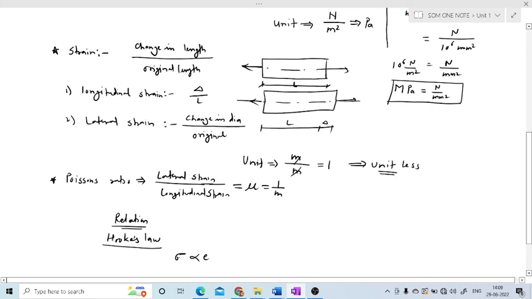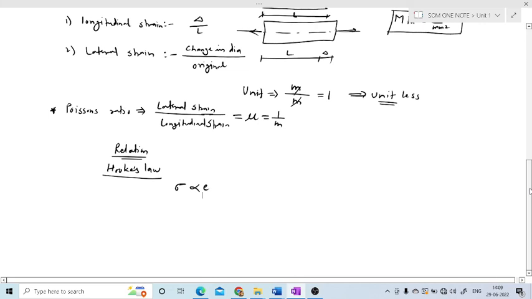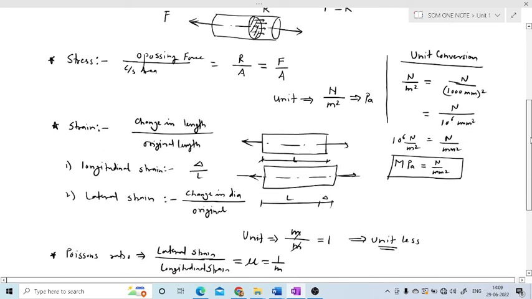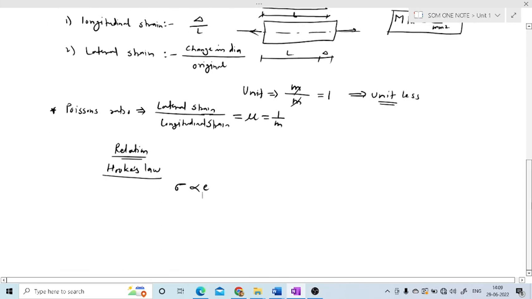Means initially we have seen up to a limit the resisting force is equal to the applied force, so up to that limit the stress is proportional to strain.